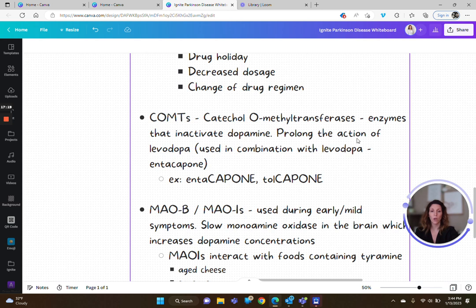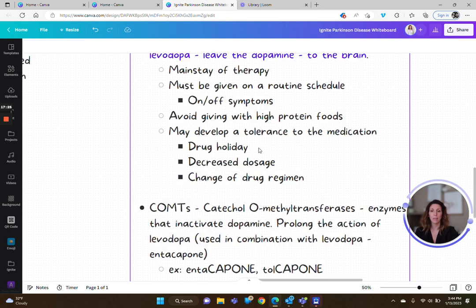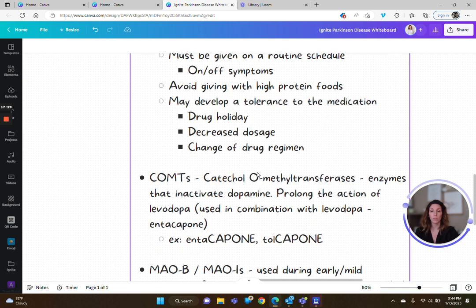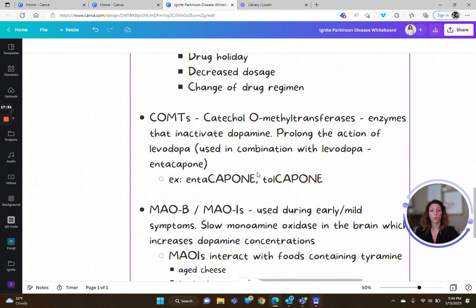So this medication is specifically used at the same time as this medication because it helps to prolong the action. Okay, entacapone or tolcapone. Those are those ones.